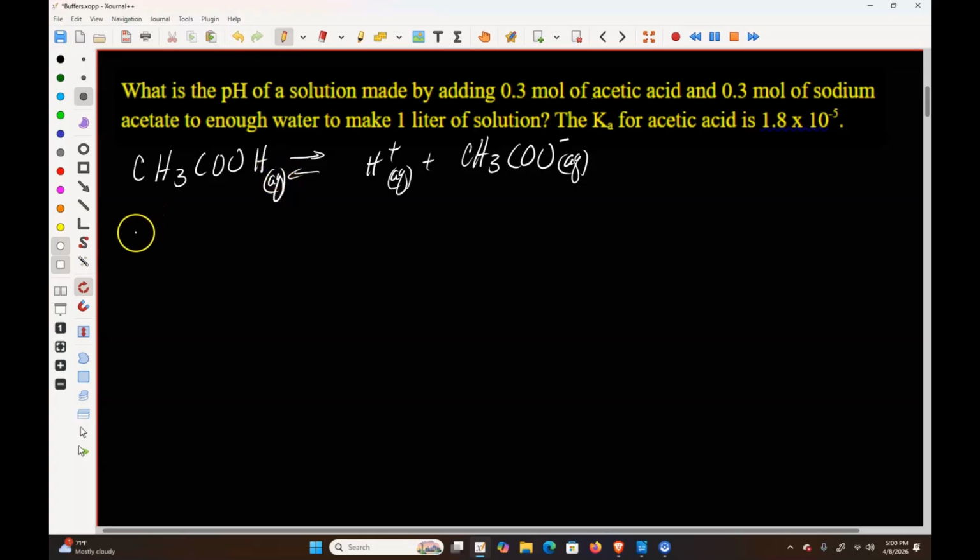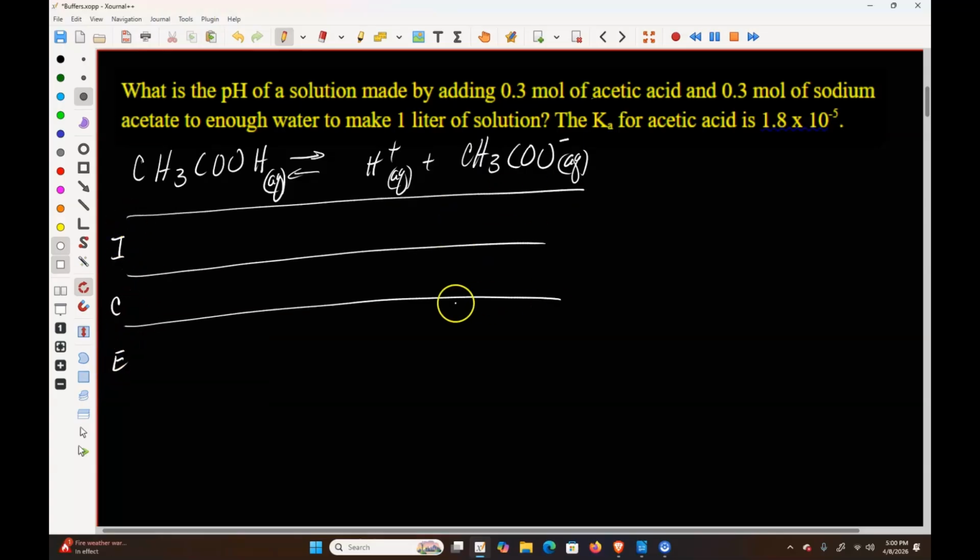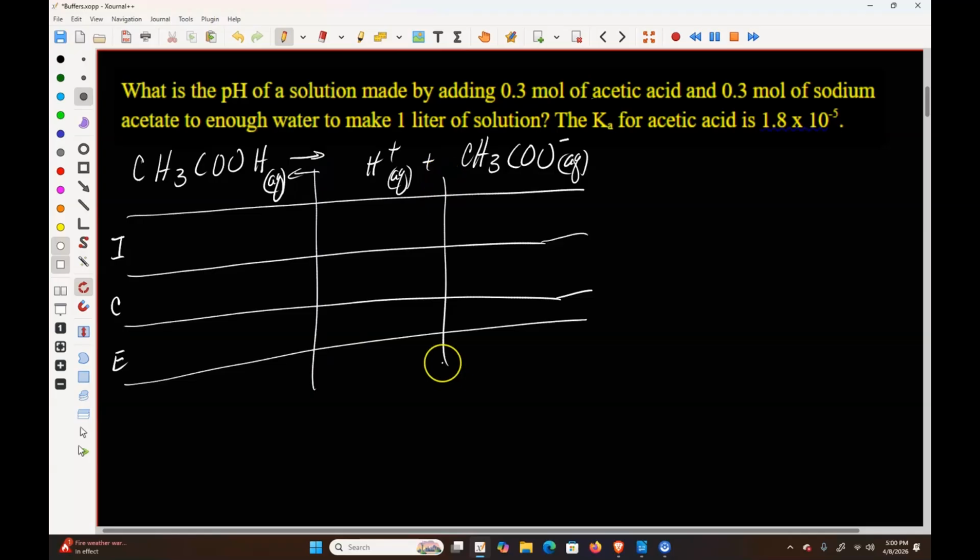We'll start off with an ice table. Okay, as I said earlier, we're going to do it without the sodium acetate. So this is going to be 0.3, 0 and 0, minus x, plus x, plus x.